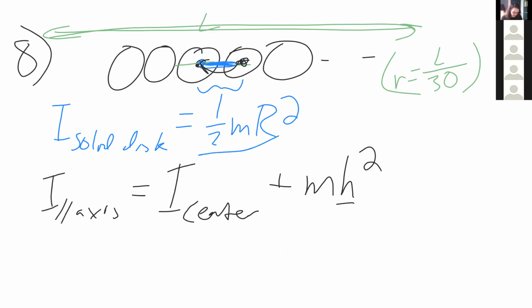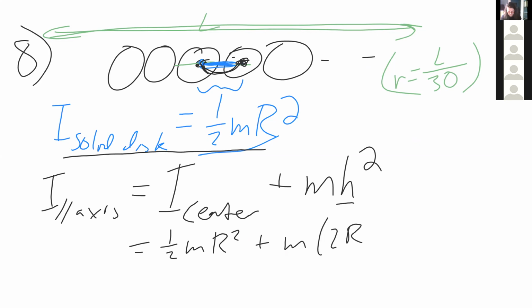So for this disk, the one that I've been highlighting, I know its rotational inertia through its center is 1/2 mr squared. Then I need to add in m times the distance from the center of that disk to the actual axis that I am rotating around, which is 1 diameter or 2 r's away.